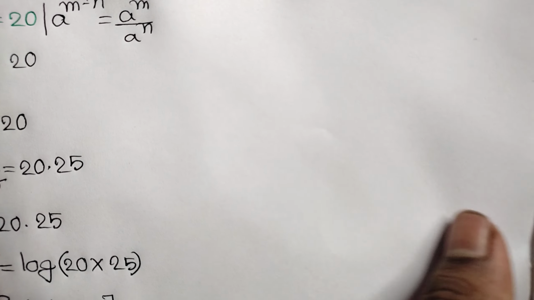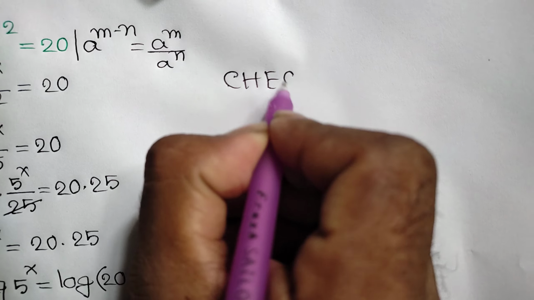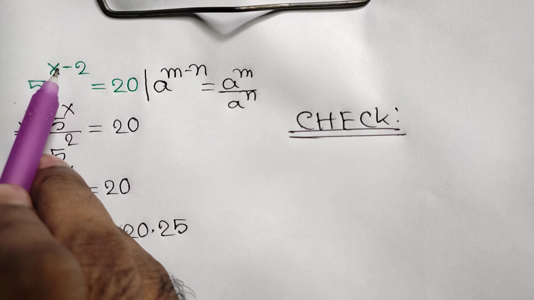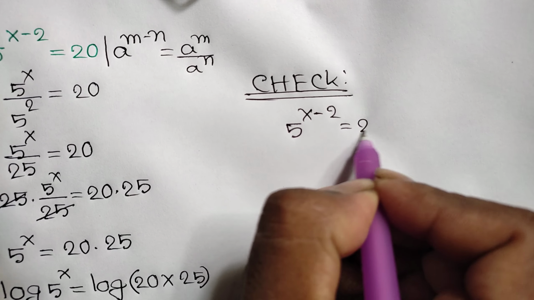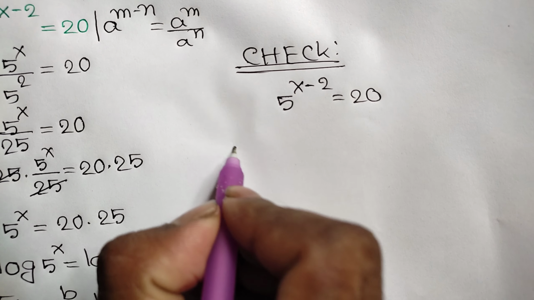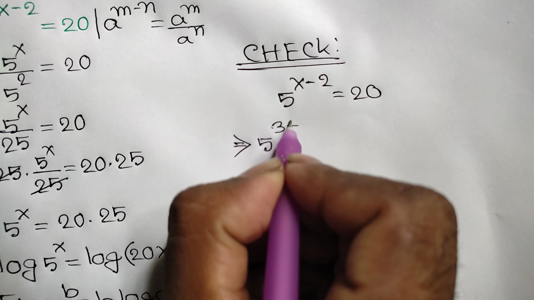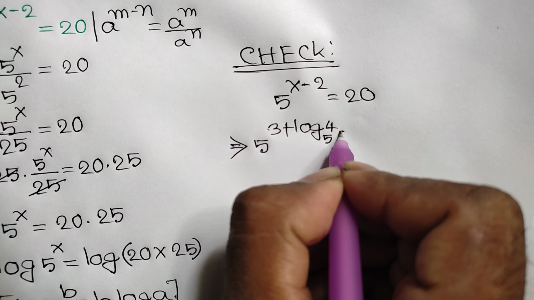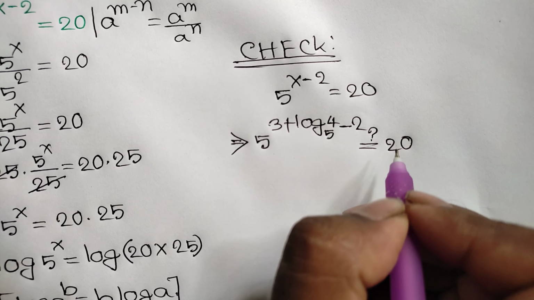Now let's verify. Now check. Our question is 5 to the power x minus 2 is equal to 20. So 5 to the power x minus 2, with x equal to 3 plus log 4 base 5 minus 2, is it equal to 20?